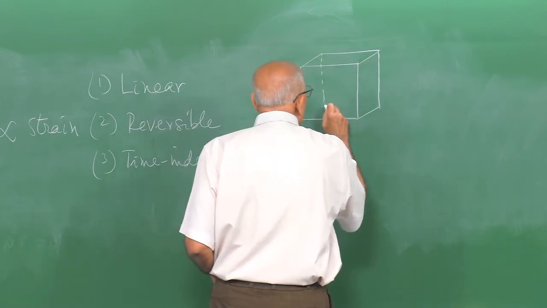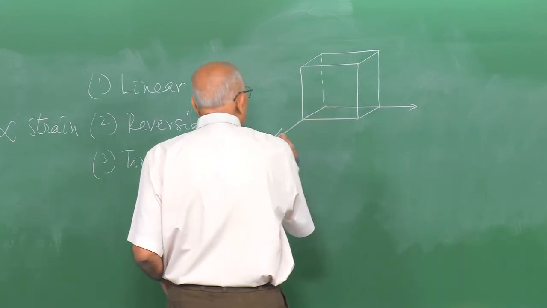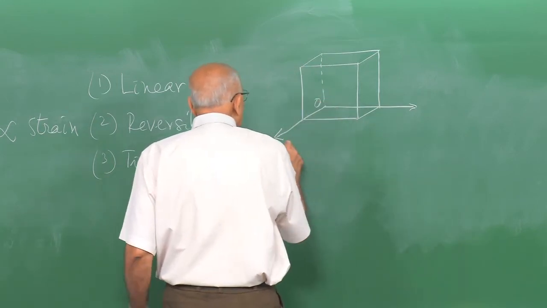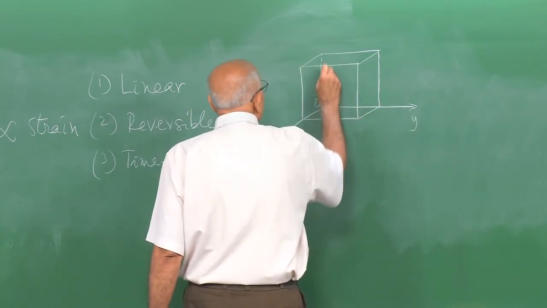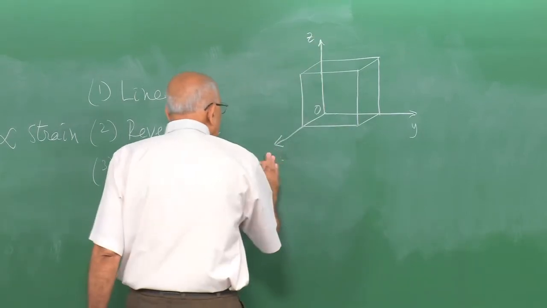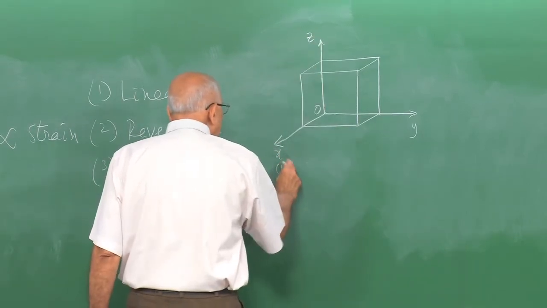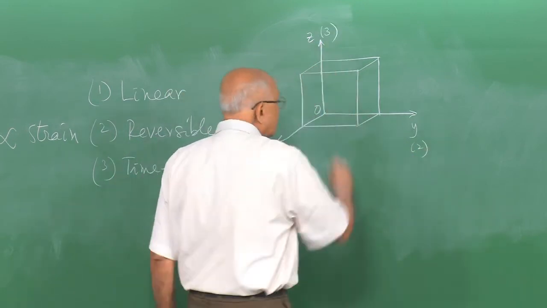So these are the coordinate axes. Let us put coordinate axes here. That is the origin of coordinates. This is the x direction, the y direction, and the z direction. I will find it convenient to call this the one direction, this the two direction, and this the three direction.